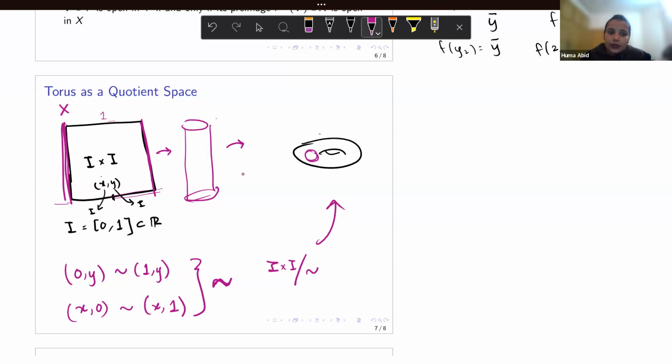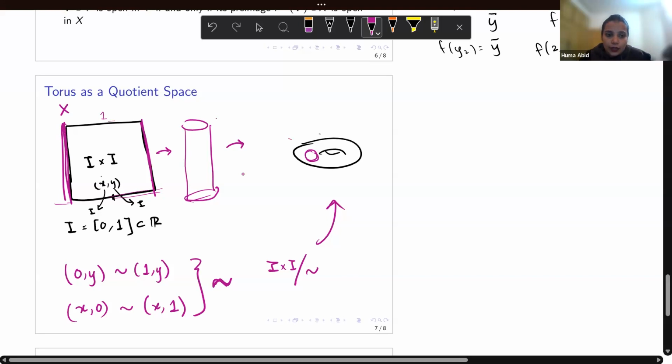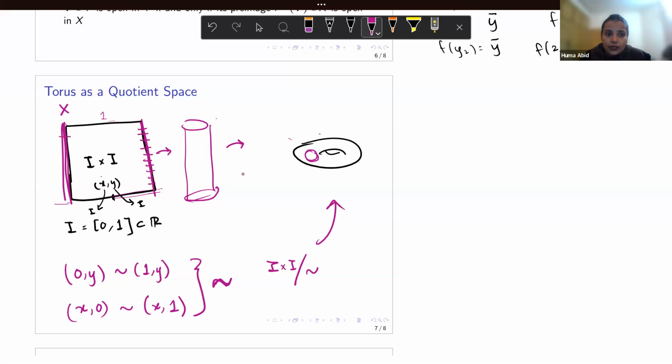For example, in this quotient example, before doing the quotient operation, all of these points on this edge and all of these points on this edge were considered to be different, separate points. But after doing the quotient operation, all of these points were identified or clubbed into one class, and all of these points were clubbed into one class. So if you're just looking at the cardinality of the set, in cases where you can define it, it is going to reduce.